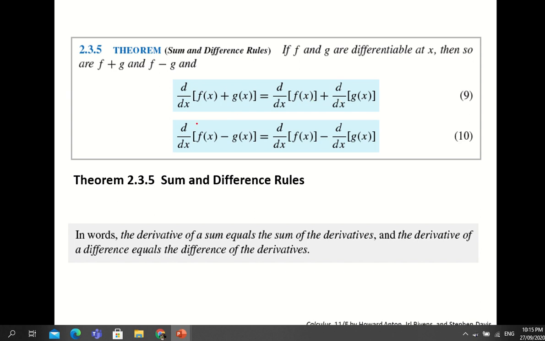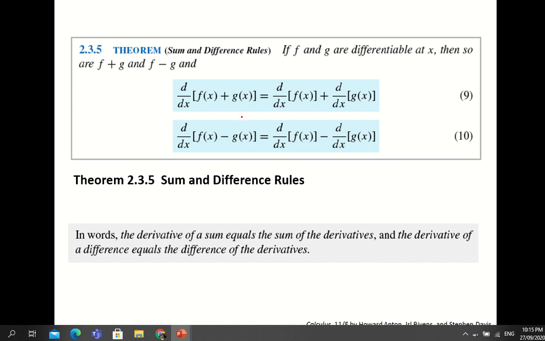Similarly, for the difference, if you have the derivative of the difference of two functions with respect to x, you just take the derivative of each of the given functions. Okay, so that's the sum and difference rule. In words, we can say that the derivative of a sum equals the sum of the derivatives, and the derivative of a difference equals the difference of the derivatives.